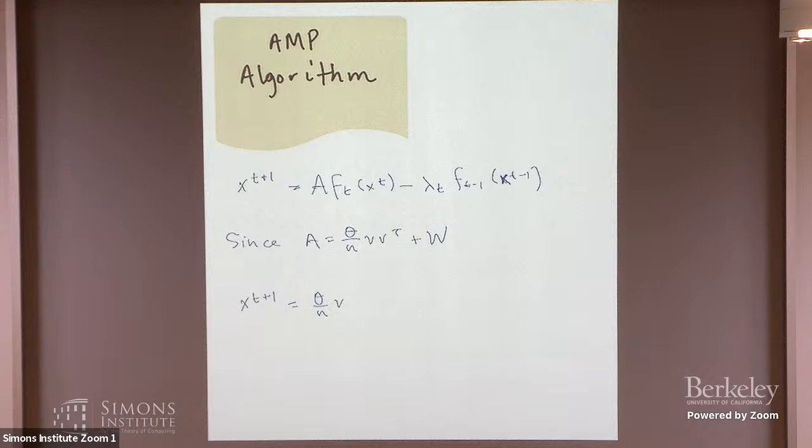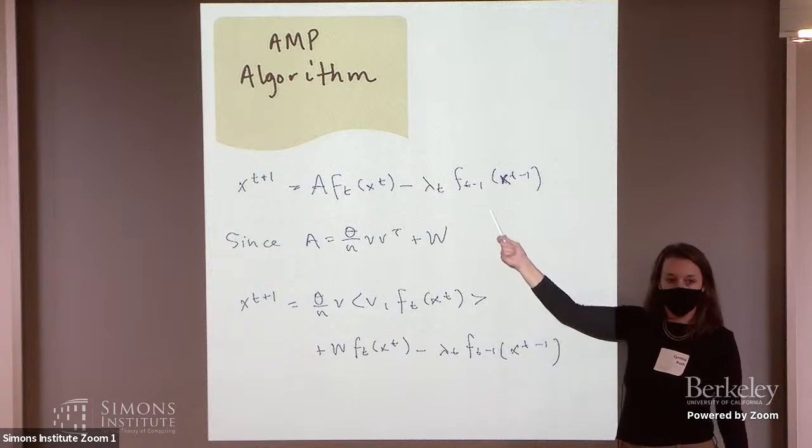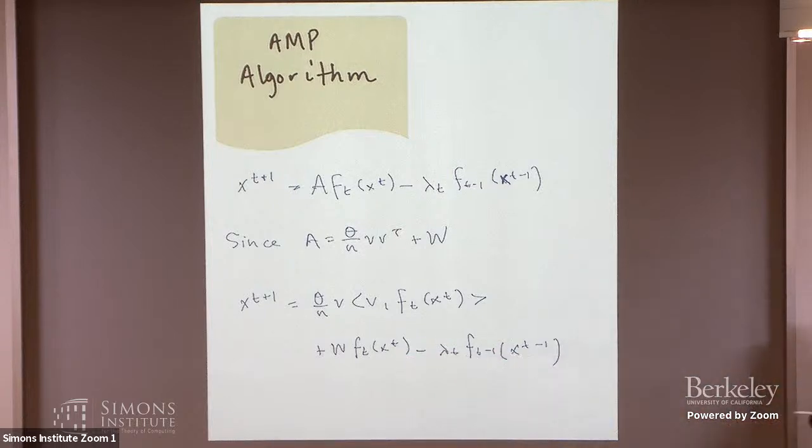We get theta over N V, an inner product between V and f_t acting on x_t, plus W times f_t(x_t) minus lambda_t f_{t-1}(x_{t-1}). After plugging my model into the AMP with A replacing W, we get a recursion that has part of it being exactly the standard AMP we looked at before, plus a shift term.